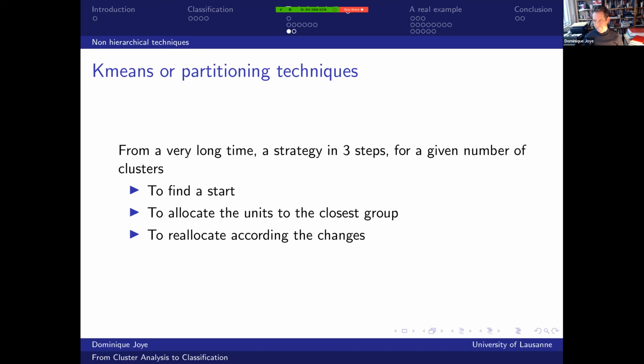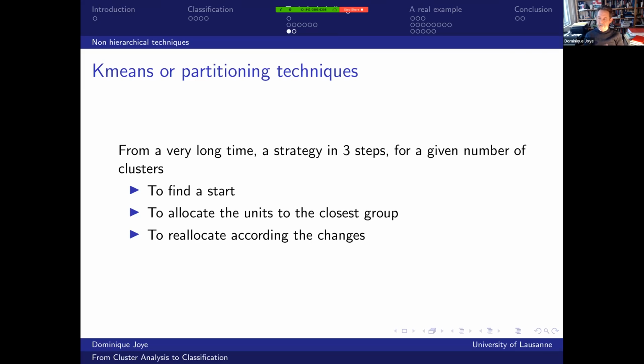Okay? So I have 6 centers. I take a point, which is the nearest one. Oh, it's the center of the group 3. Okay, I put it in the group 3, and so on. And normally I have to do some reallocation, because when I add the point to a group, the center of my group can change.